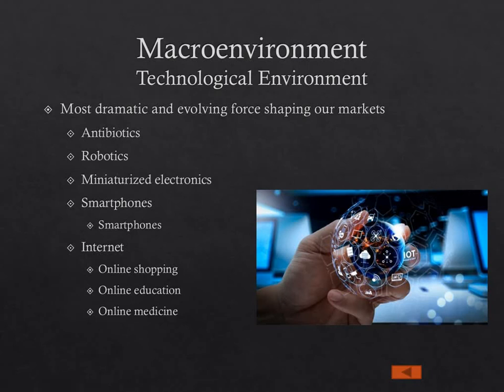With the invention of the internet, you're shopping online, you're getting online medicines, online doctors, online education. Now you are actually getting educated online, right? You're getting the online lectures. So this technological change actually is changing the complete canvas on which you may actually draw later on.